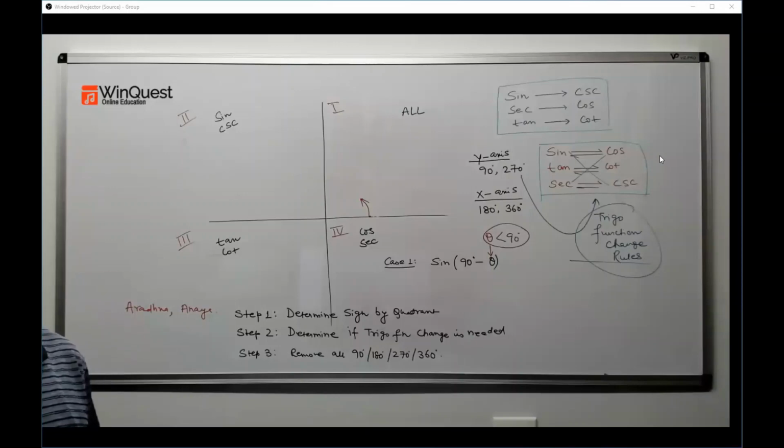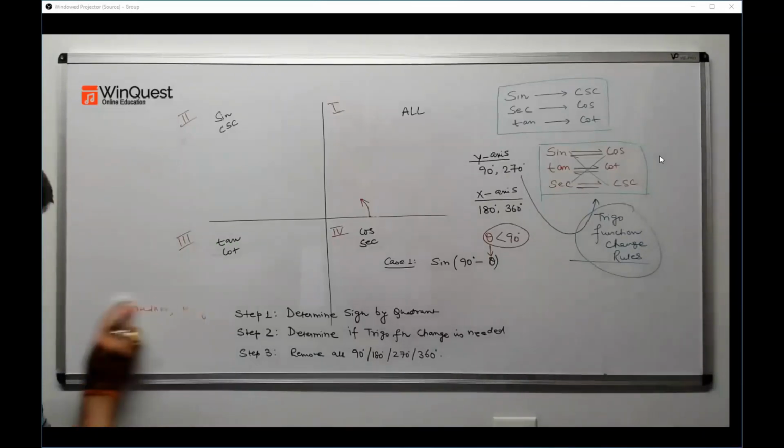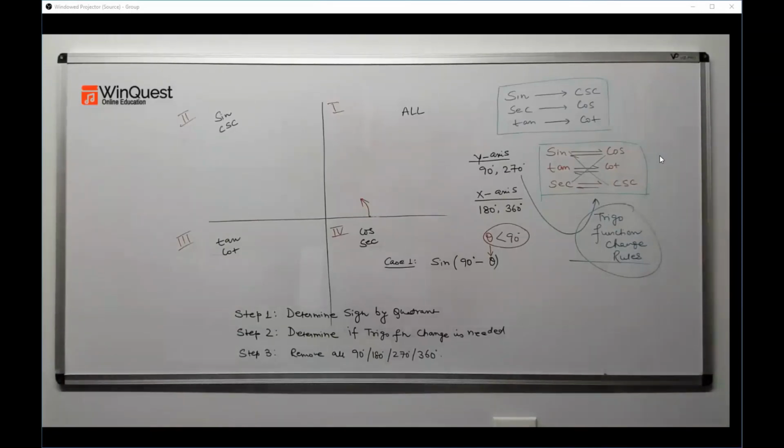But since it's less than 90, it's 1. Aradhana, I think it's quadrant 1. How? Because if it's less than 90, it should fall inside the first quadrant.